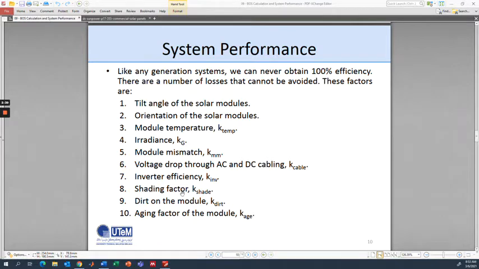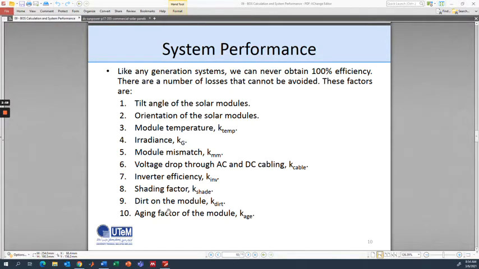And then the shading factor, so this is something that we may have some level of control over. We always try to install our PV modules somewhere clear, where there is no obstruction. That's why we favor installation on top of the roof. If there are no taller buildings or taller objects around the roof, then we should have a very good shading factor.